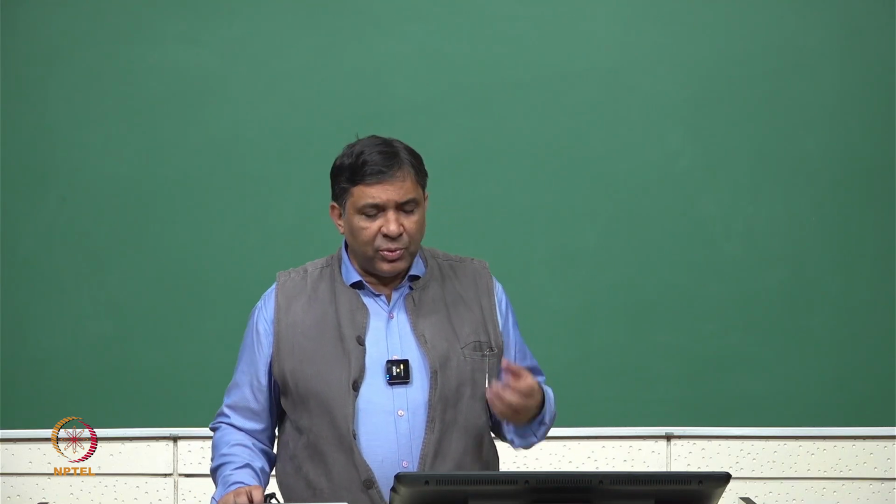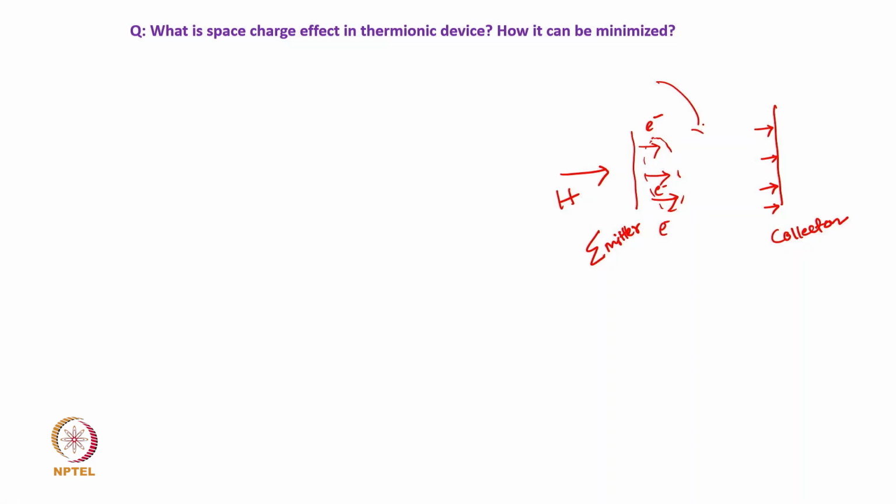Generally, what people do is put in cesium vapor. When they flow the cesium vapor in between the two plates, it creates some positive charges which neutralize the negative space charge in the space.